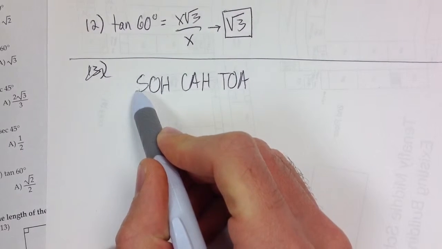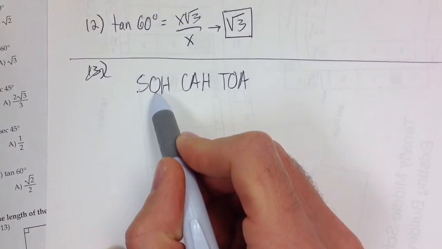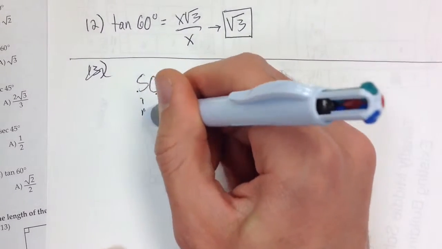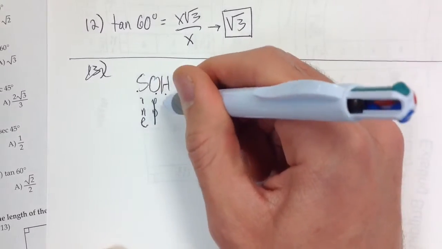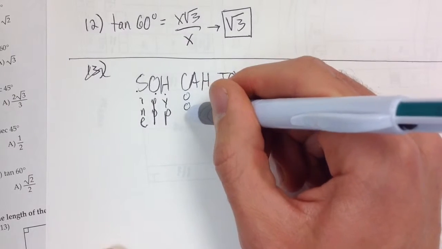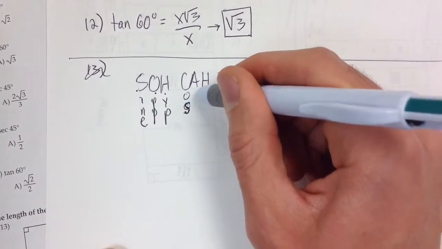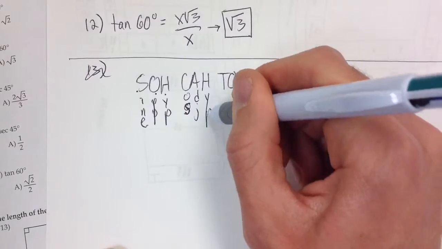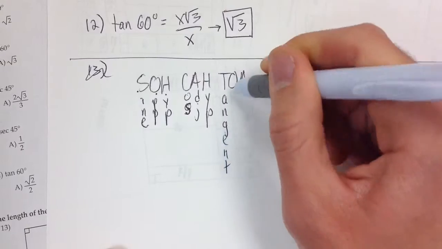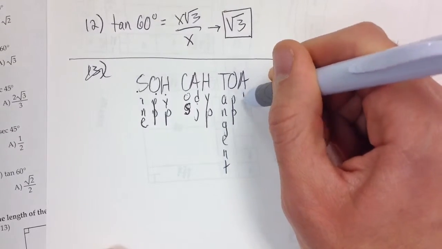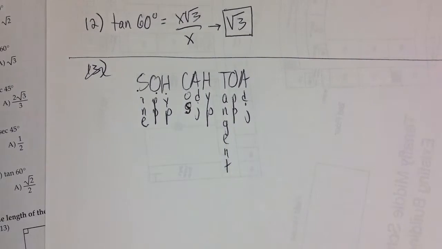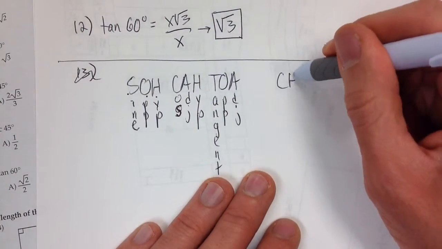Sine equals the ratio of the opposite to the hypotenuse. Sine, like stop sign, S-I-N: opposite over hypotenuse. Cah, cosine: adjacent over hypotenuse. Toa, tangent: opposite over adjacent. And then the other is the Cho-sha-cow one.